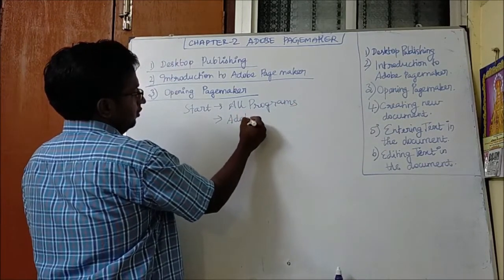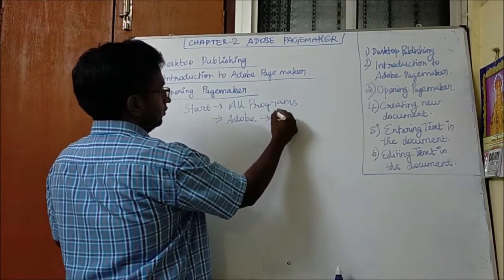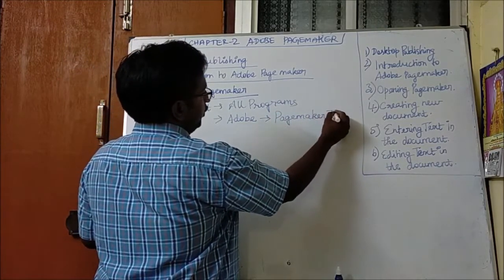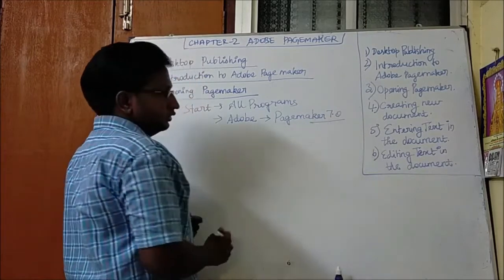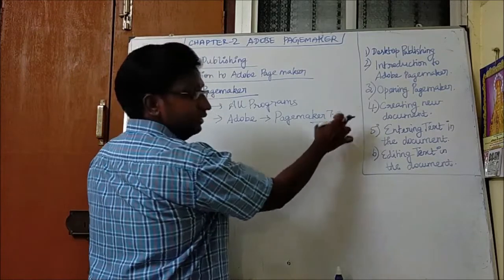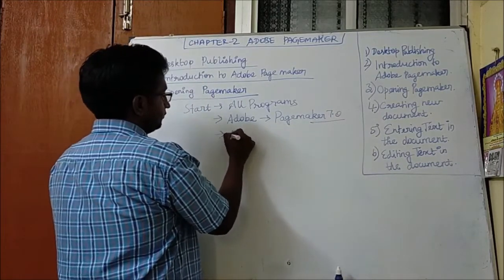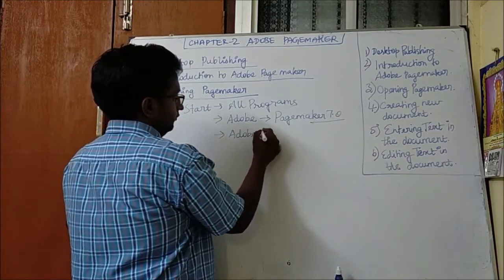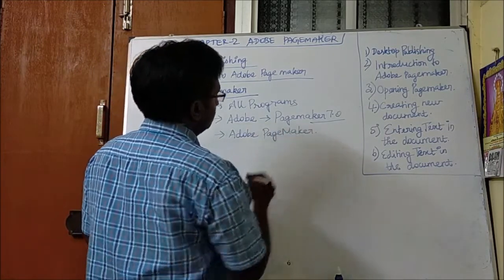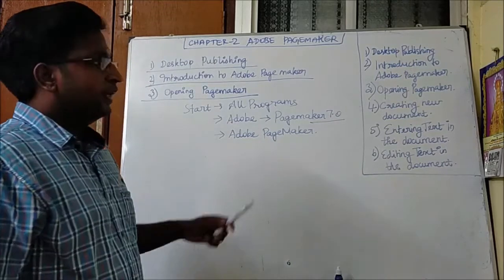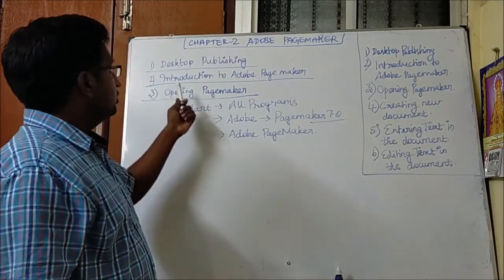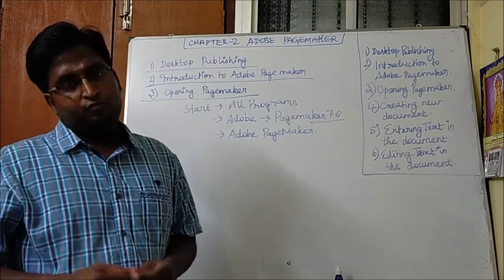For this, Adobe PageMaker 7.0, this is the version of the software. If the version changes, this may also change. Adobe PageMaker. By selecting these options, you can easily open the PageMaker software.